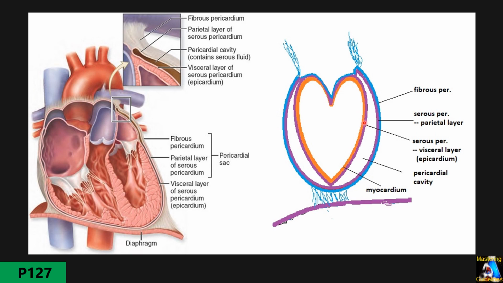One layer that is connected to the myocardium, we call the serous pericardium visceral layer. So the visceral layer or epicardium sticks to the myocardium, the heart muscle. The outer layer is the parietal layer that contacts the outer wall or fibrous pericardium, and between them is the pericardial cavity.